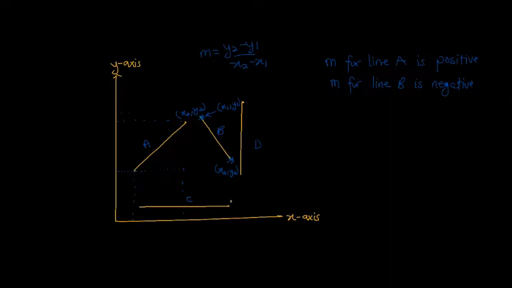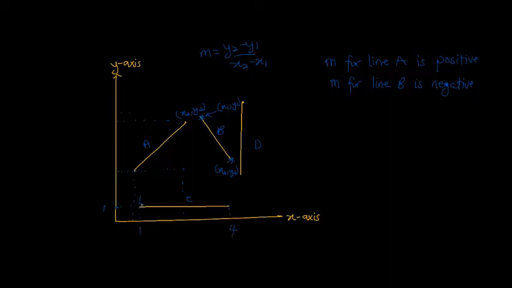Now let's look at C. Line C is horizontal. So you have your x1, y1 here, you have your x2, and y2 is still the same. Let's say y is 1 here, and x is 1 here and 4 here.